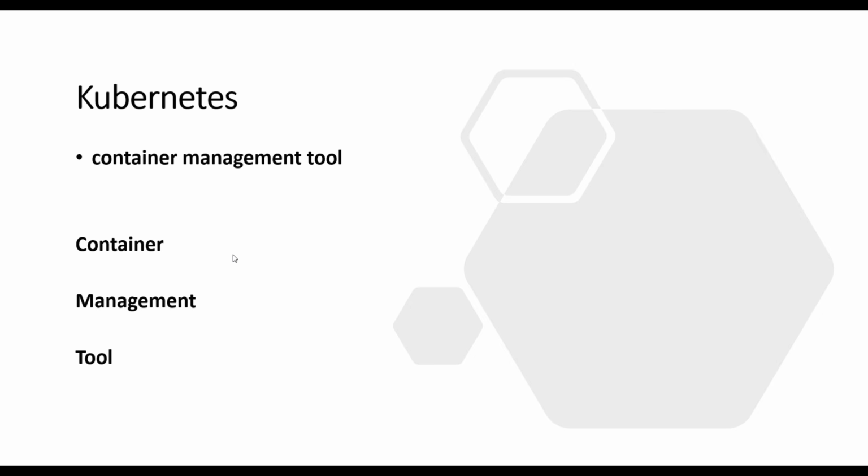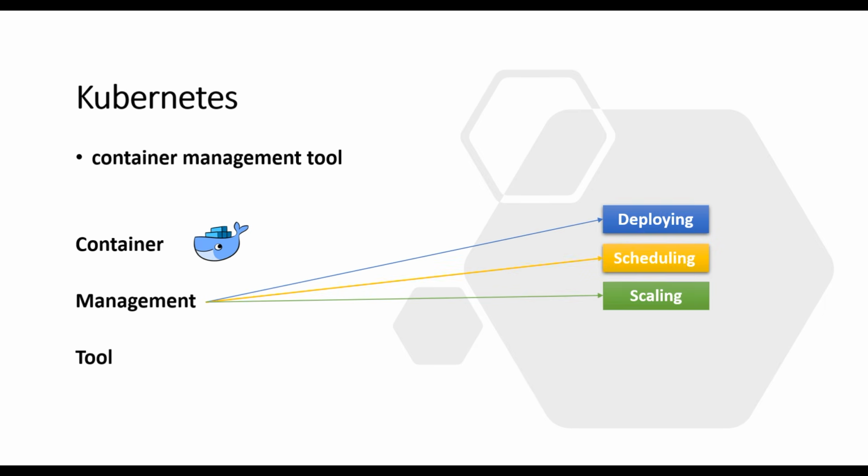Container management tool. As you know, Docker is a container platform where you can run any application like Java, Node.js or Angular. Kubernetes will manage those applications running on your Docker containers. When I say Kubernetes manages the application, it means Kubernetes will take care of deploying, scaling, scheduling and load balancing your application running on your Docker container.